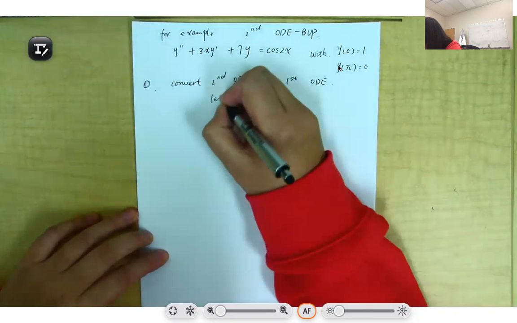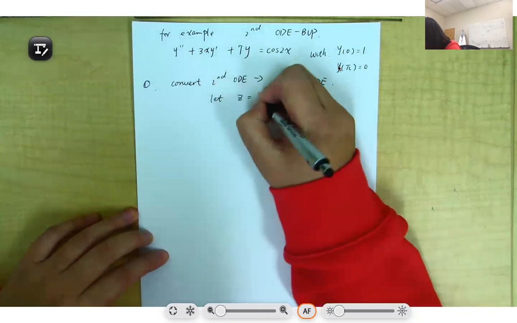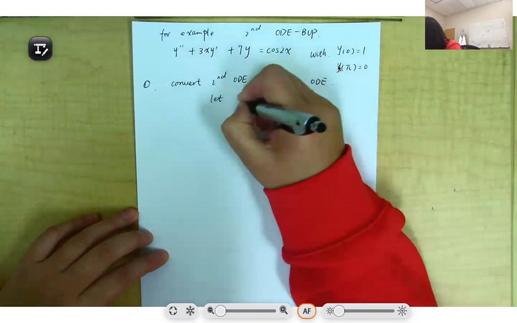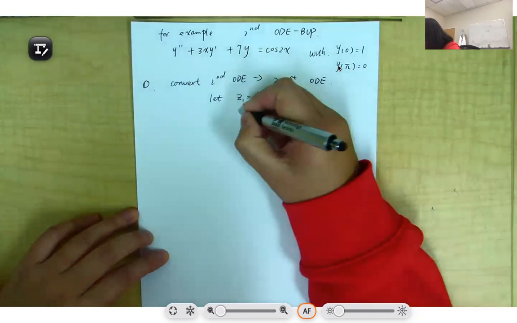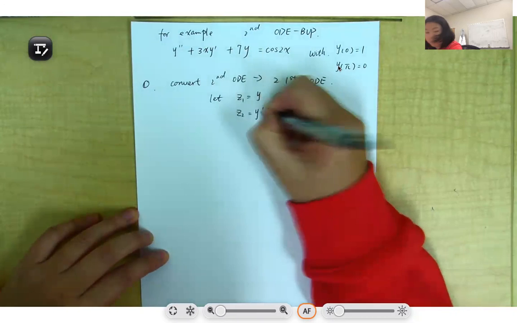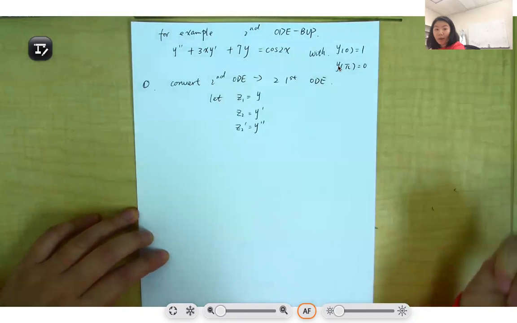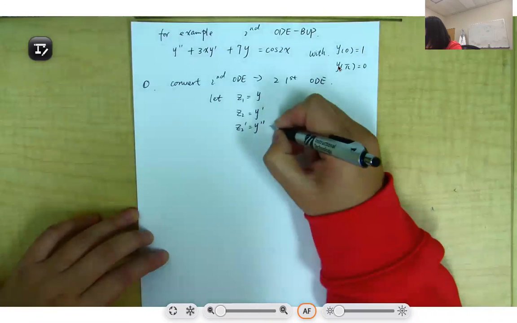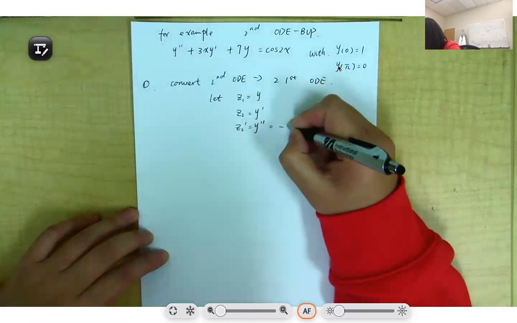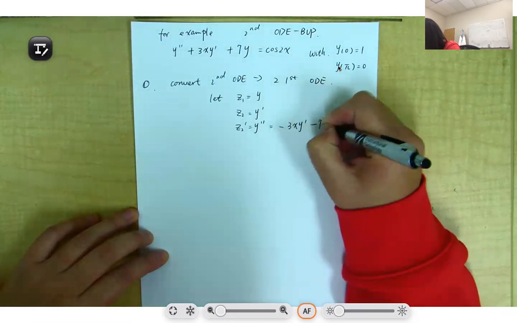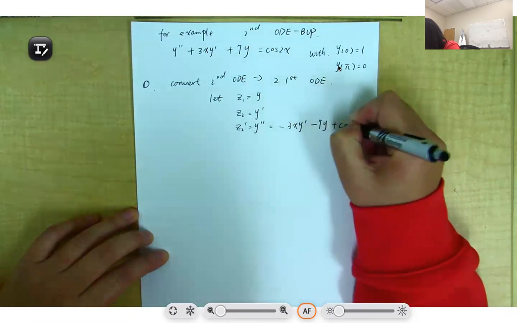Let z1 equal y, then z2 equals y prime, z2 prime will be y double prime, and y double prime will be equal to negative 3xy prime minus 7y plus cosine 2x.